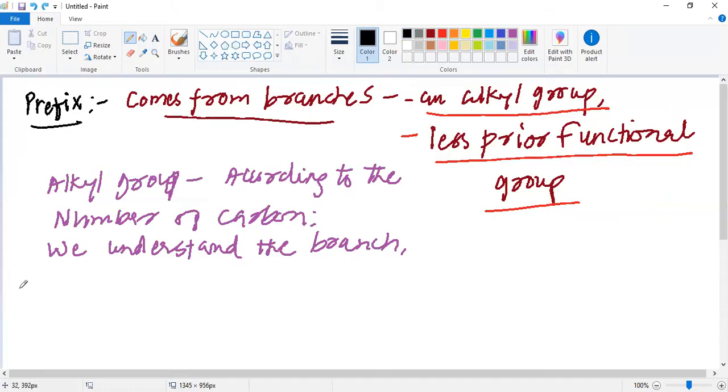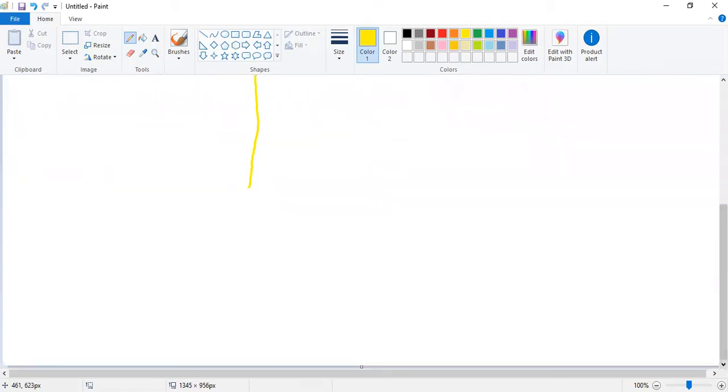If we write the various groups, my dear students, we will realize it in this particular manner. Let us understand it.